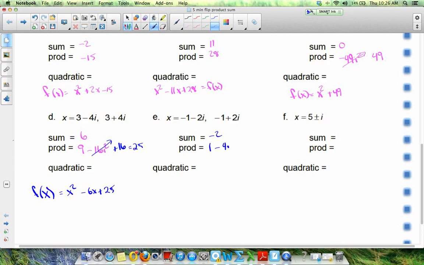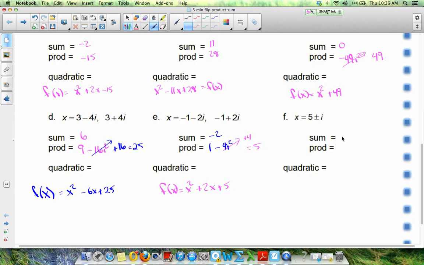Minus 4i squared. Well, that minus 4i squared turns into positive 4, so that equals 5. So this is going to be f of x is equal to x squared minus negative 2, so that's going to be plus 2x plus 5.